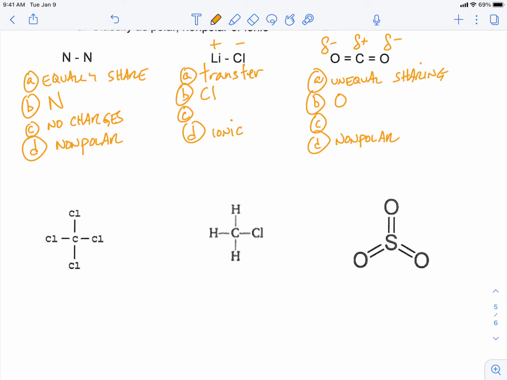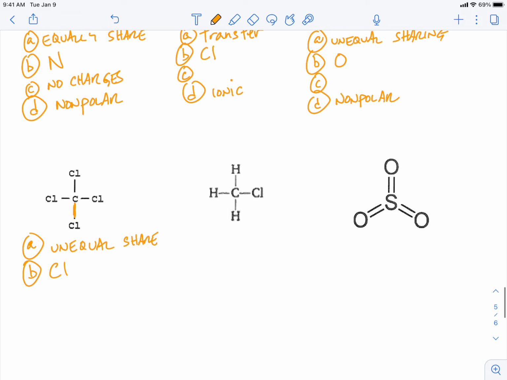For our next one, the bottom left here, thinking about one of these carbon to chlorine bonds. We're dealing with two nonmetals, but they're not the same. So we have an unequal sharing of electrons. Which one is further to the right on our periodic table? Chlorine. Then adding any charges, I would put partial negatives on all of our chlorines since it has a greater electronegativity.